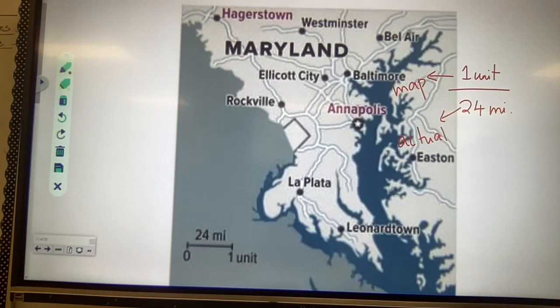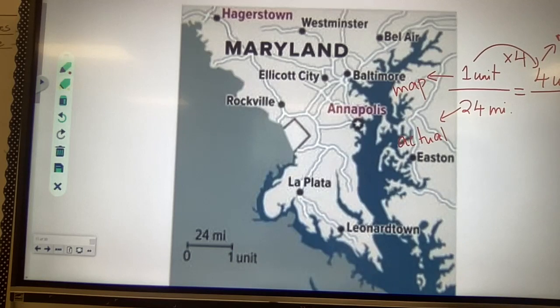So therefore, what would this length or the distance be if I am looking at 4 units? How much would this be? So now this one again, this is on the map. So 1 times 4 gives me 4, right?